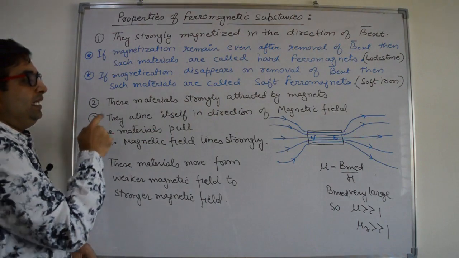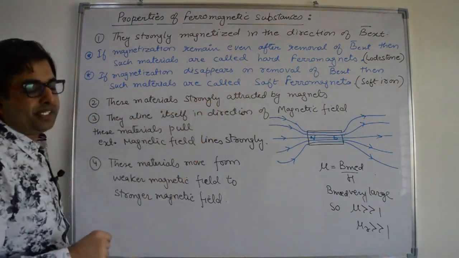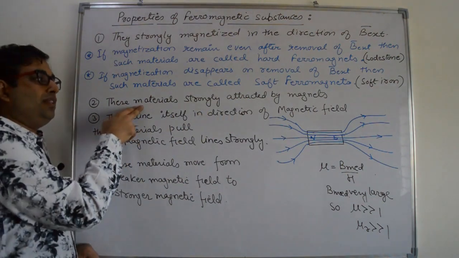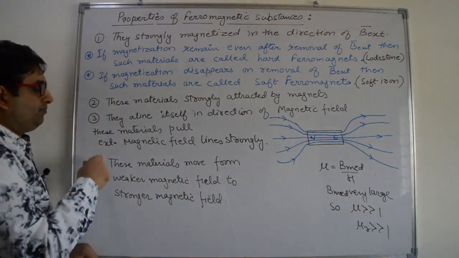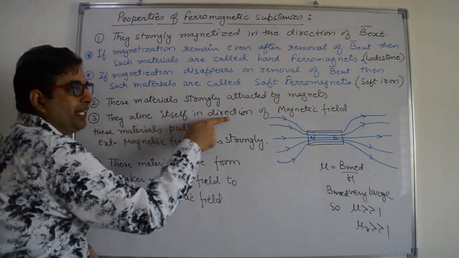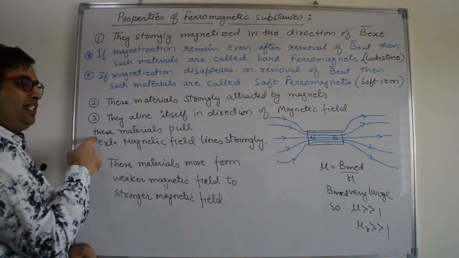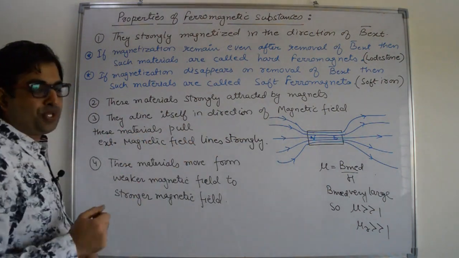Second point, these materials strongly attract the magnets. Why? Because they magnetize strongly in the direction of magnetic field. Third point, they align themselves in the direction of magnetic field. These materials pull external magnetic lines of force strongly.